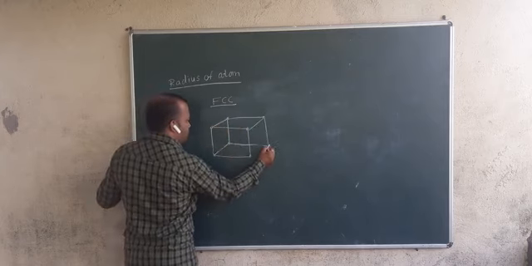Here 4 cube will be 64 r cube, and here it will be root 2 into root 2 into root 2, that means 2 root 2. Correct? 2 root 2. Here r cube will be cancelled, and you can easily solve this. You will get packing fraction is equal to 0.74.